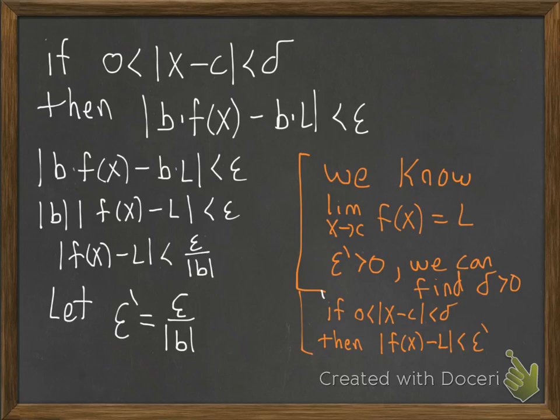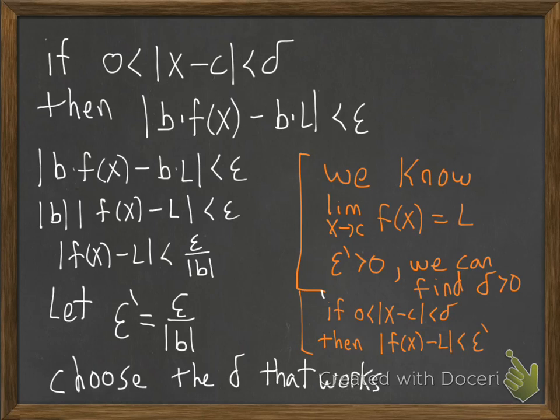And we're done. But let me go ahead now and step through the process so you can see how all the details work. So once we've let epsilon prime be epsilon over the absolute value of b, choose the delta that works for f. So we choose the delta that works for f.